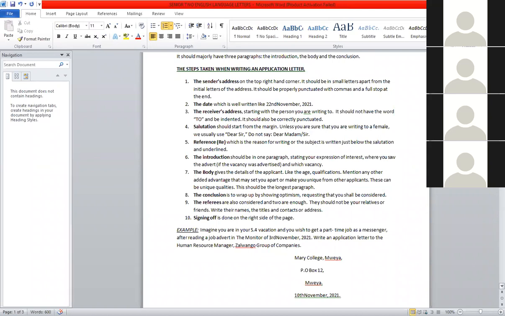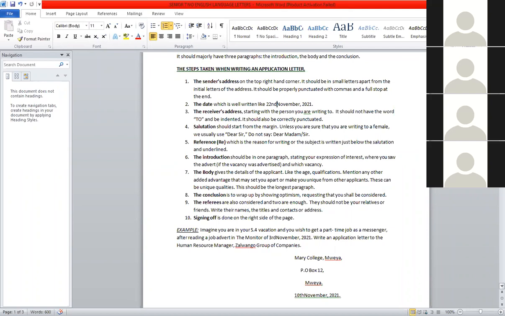So if you're writing to a superior who is not in your bracket, maybe as a student to the head teacher, maybe as a clerk to the manager, to the human resource manager, we are supposed to use dear sir or dear madam to make it more formal.